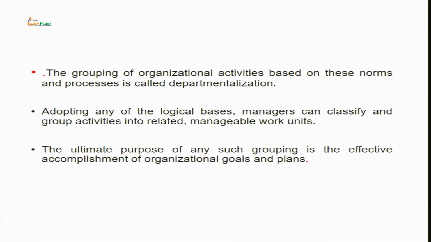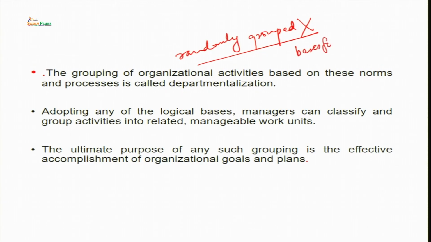Further, since the activities cannot be randomly grouped, students, can we group the activities randomly? No, we cannot group the activities randomly. So, the organization has to follow certain norms or basis for the plan of organization.